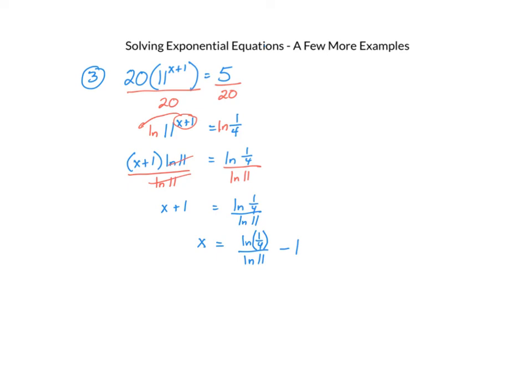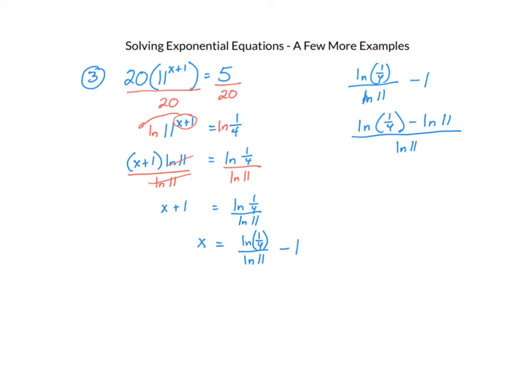So we have ln of 1/4 divided by ln of 11 minus 1. When we get the common denominator, you would be multiplying by natural log of 11 over natural log of 11. So our answer would look like this: ln of 1/4 minus ln of 11 divided by ln of 11. Again, we just get a common denominator here, and we rewrite our fraction this way.